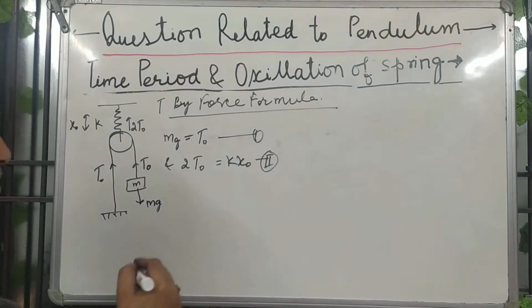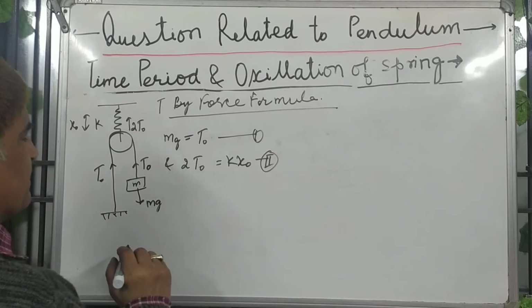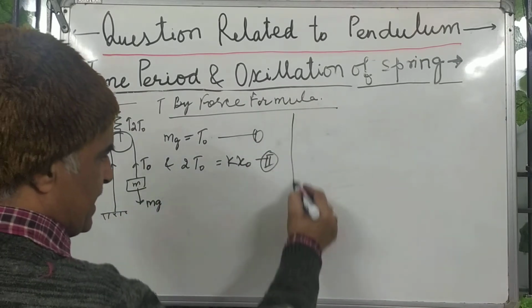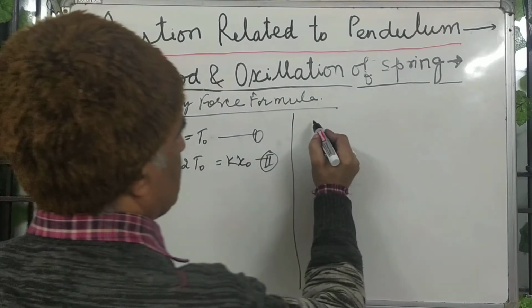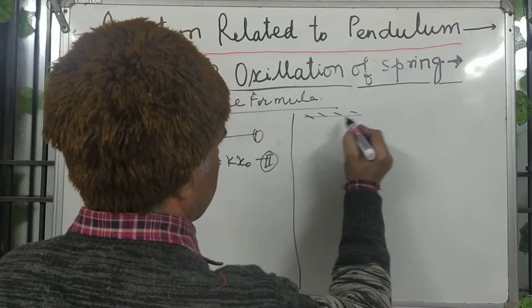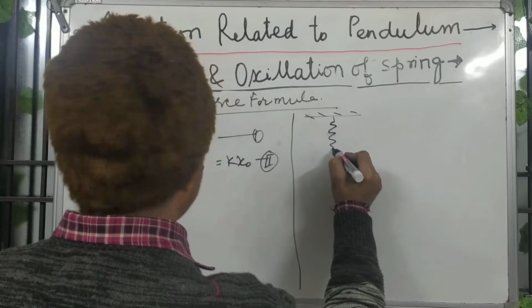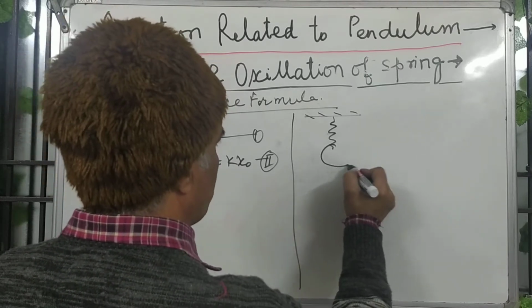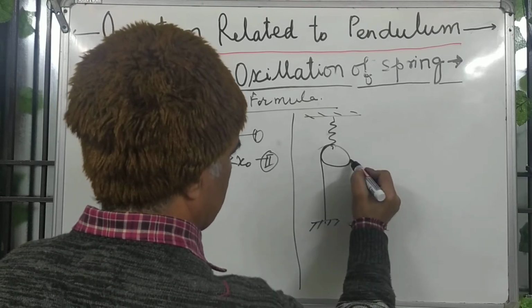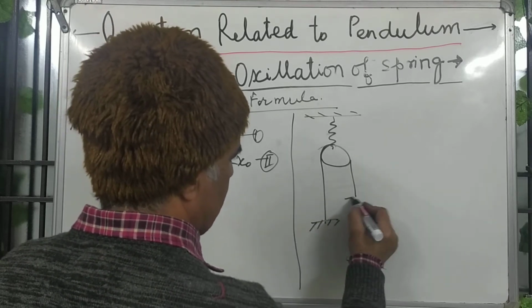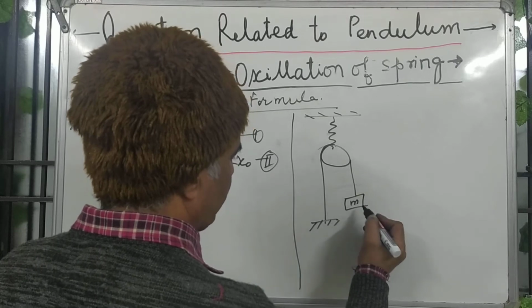Now for another equation I am drawing the design over here. This is the same spring, and this is the pulley, this is fixed, and this is a mass body hanging.